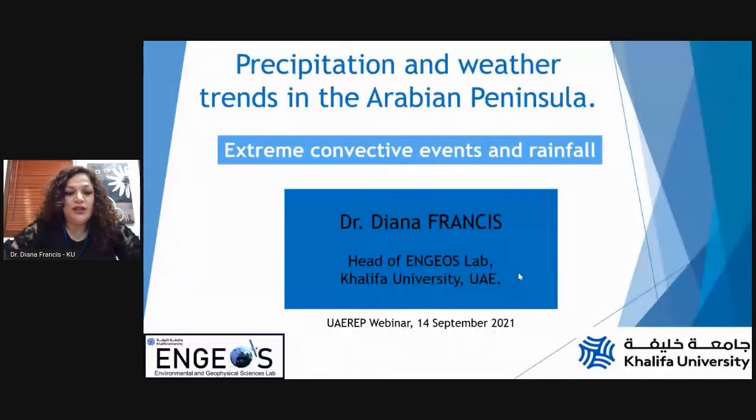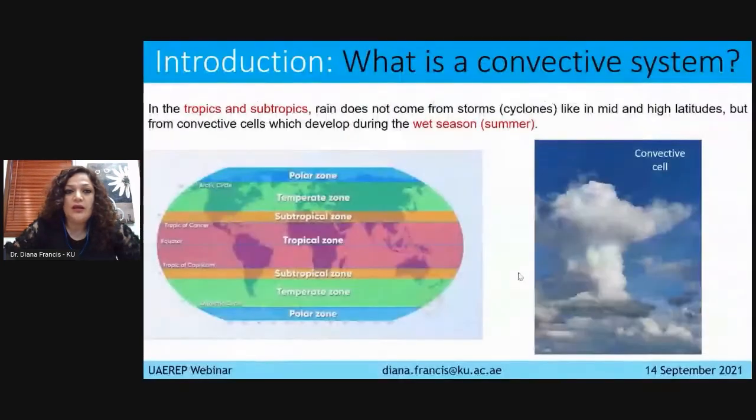So today I would like to talk with you about precipitation and weather trends in the Arabian Peninsula, with a focus on extreme convective events and rainfall. So first of all, I would like to introduce what is a convective system.